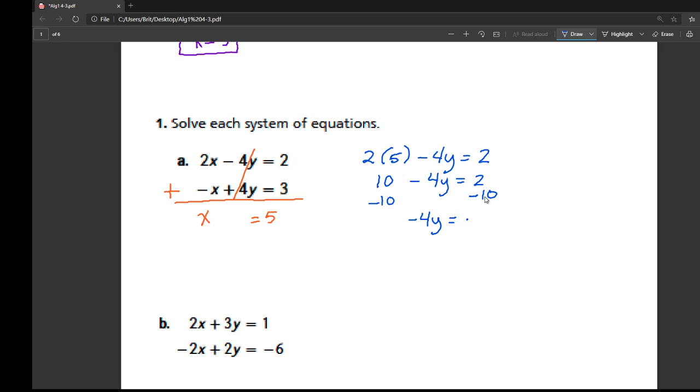So here, 2 minus 10 is negative 8. And if I divide by that negative 4, I get that y is equal to 2. So my final solution is going to be the ordered pair 5, 2.